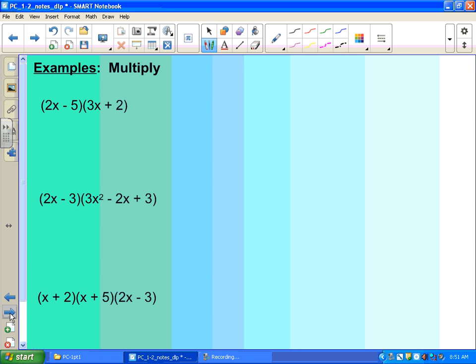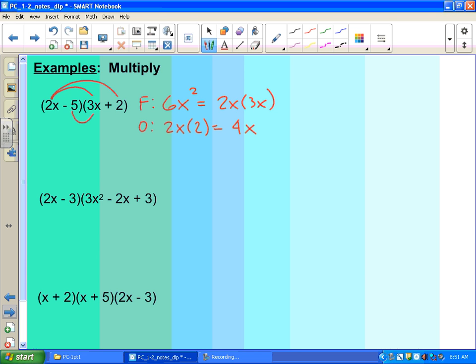So 2x times 3x, 2x times 2. I have 6x squared. That again comes from 2x times 3x. And then those are the firsts. And then the outside terms, 2x and the 2, giving me 4x.